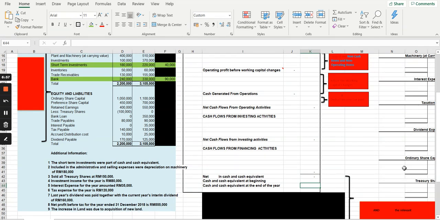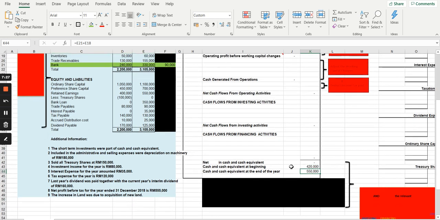So cash and cash equivalent at the end of the year would be this plus this. So you'll have 550,000, and the cash and cash equivalent at the beginning of the year would be the one from short-term investment plus the one that you have under your bank account.